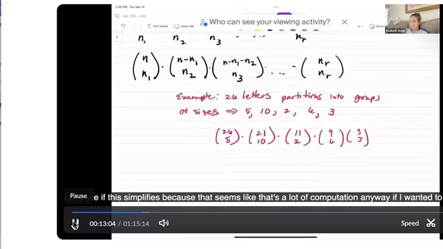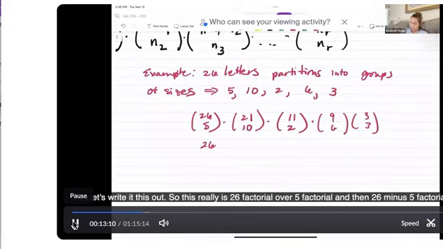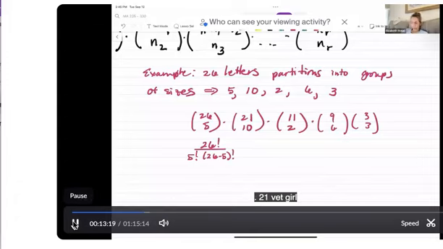Let's see if this simplifies, because that seems like a lot of computation if I wanted to compute it. So let's write this out. This really is 26 factorial over 5 factorial times 26 minus 5 factorial, or 21 factorial.